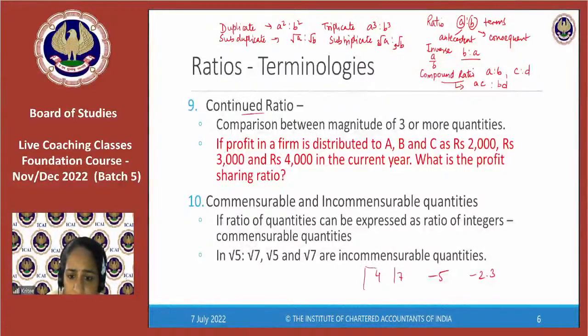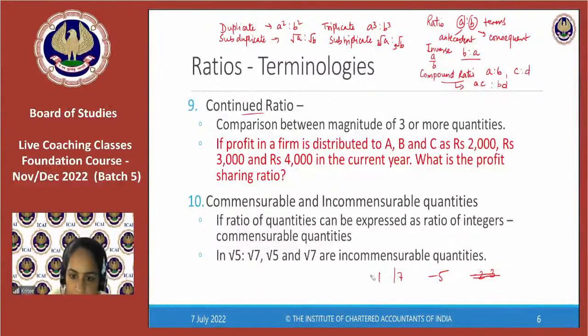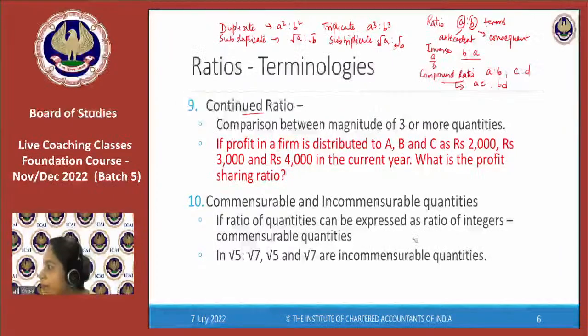So when you are able to express any ratio in terms of the ratio of integers, it becomes commensurable quantity. Commensurable quantity means the ratio of those quantities can be expressed as the ratio of integers.